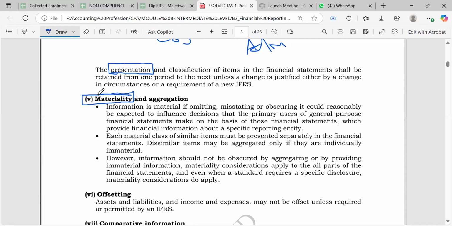Because we prepare them for stakeholders, mainly the fund providers: investors, lenders, and other creditors. That's the main goal. This world is so biased. Even in financial reporting, they tell you that the main aim is for investors, lenders, and the other creditors.